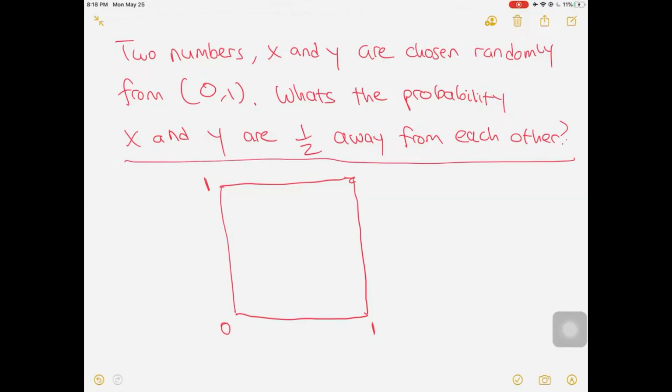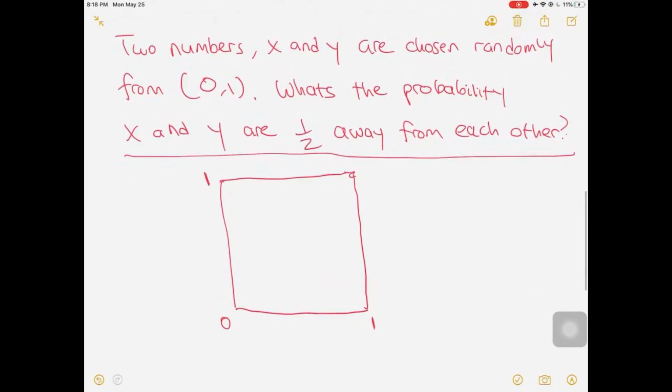Okay, so I'll go over the solution now. It asks, what's the probability that X and Y are 1/2 away from each other? This is kind of hard to explain, so I might not have done a good job of explaining it last time.